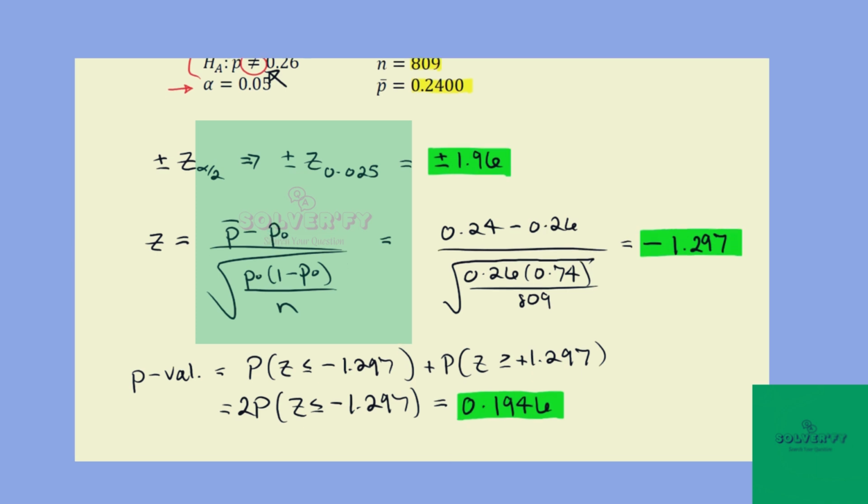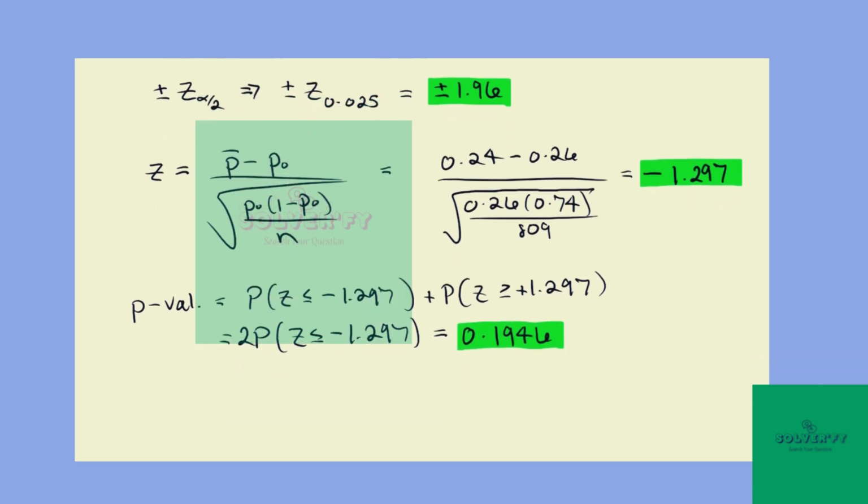And the last question is, should we reject or fail to reject the null hypothesis? And we can easily determine this by comparing either our test statistic to the critical values. Our test statistic is not more extreme than either of these values.